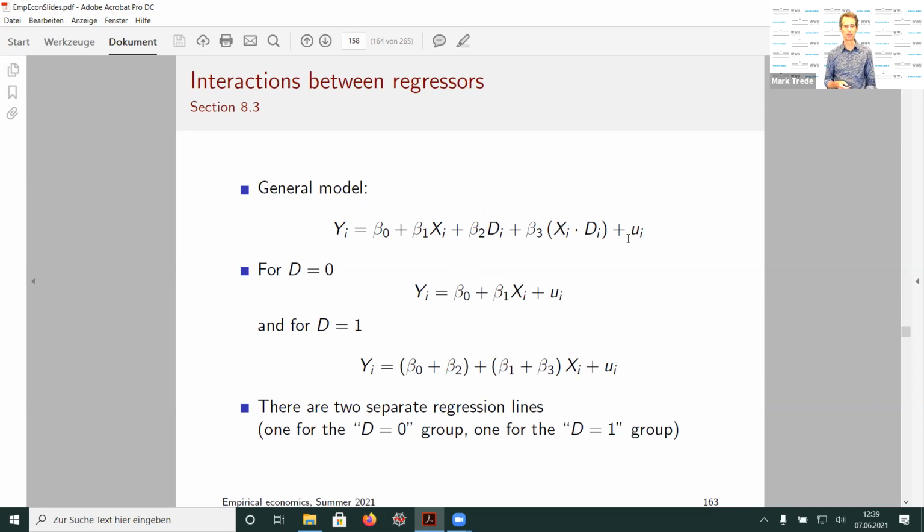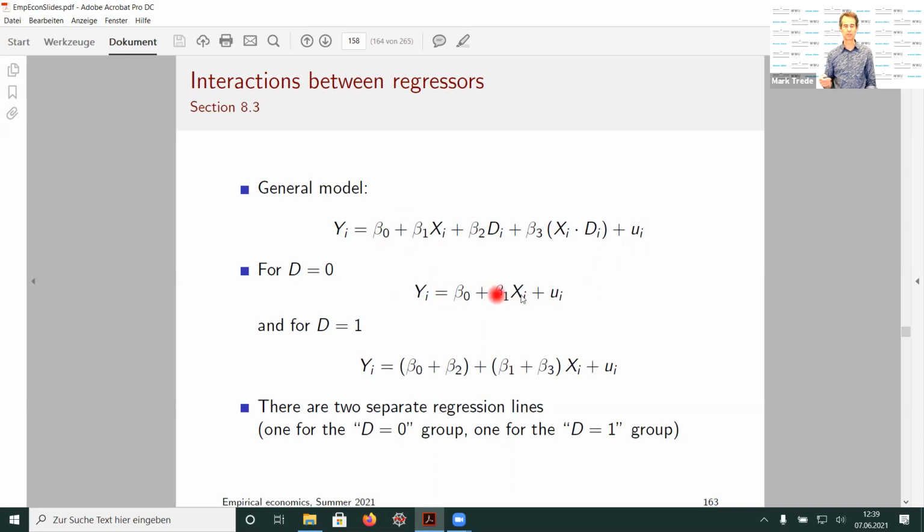To do that, we look at two different cases for the dummy variable. Let's first assume that the dummy variable is 0. In that case, this term drops out because d is 0, and this term also drops out because d is 0. What remains is just the intercept plus beta 1 x_i, and of course the error term. So that's this formula here.